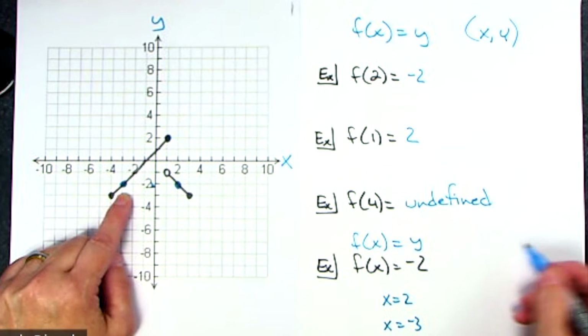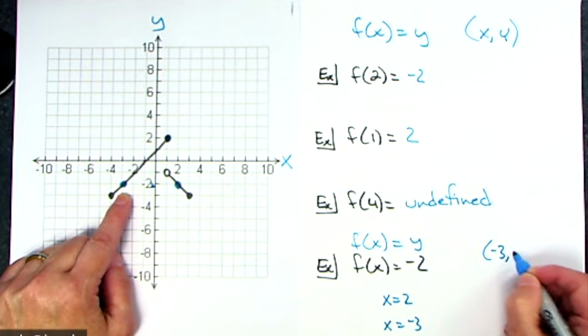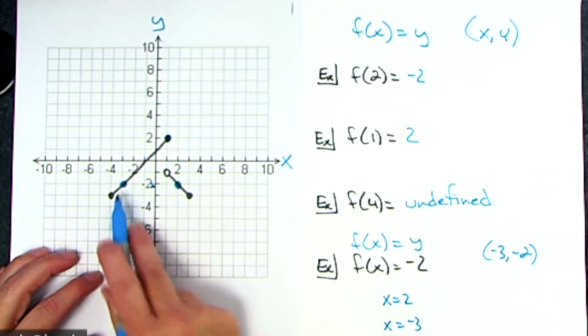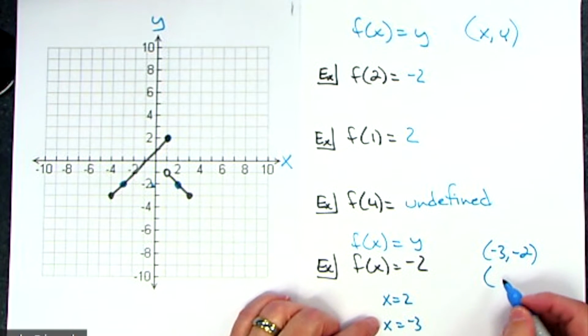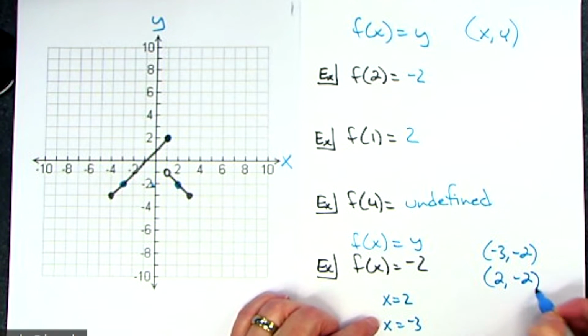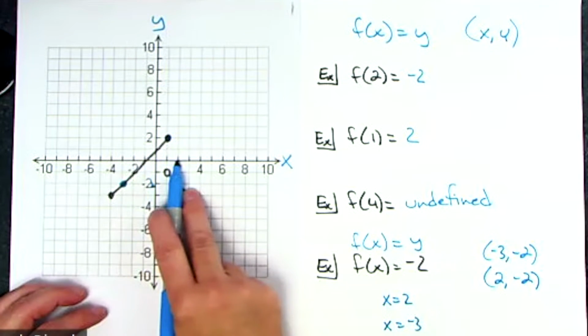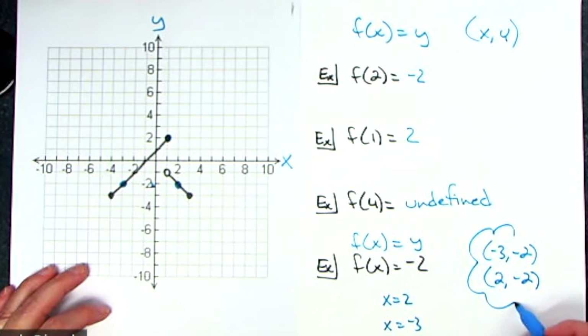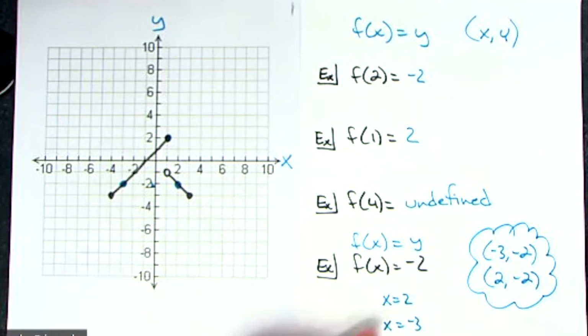I'm just going to write this in general over here. -3, -2 is a point on that graph. -3, -2, it's right there. The point 2, -2 is also a point on there, because if I go to the 2 and down 2, plot that point, it's right there. All right, so thinking of them as ordered pairs, the x values have to be those 2 choices. And you can have more than one answer. It doesn't have to just be one answer. It can be more than one answer.